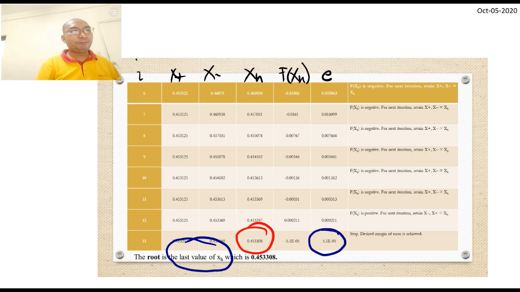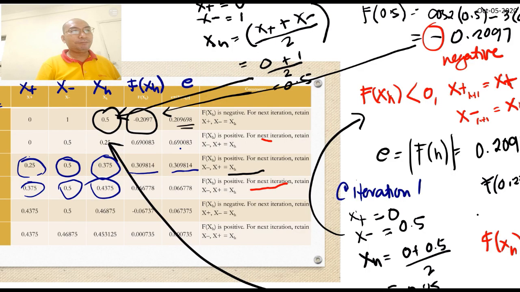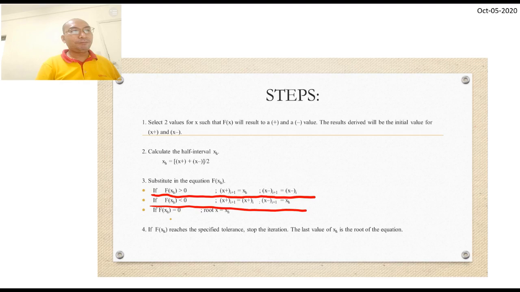Again, the value of your x plus and your x minus in the next iteration depends on the sign of your function of x sub h in the previous iteration, considering the conditions set in solving for the root using half interval method.